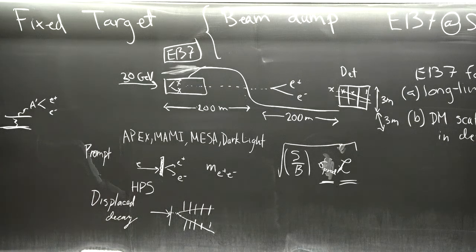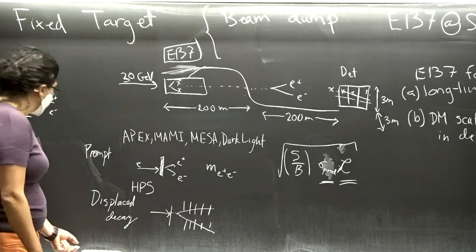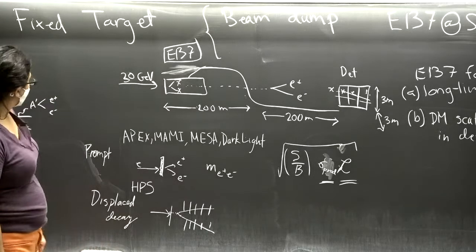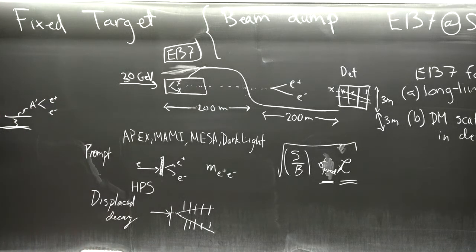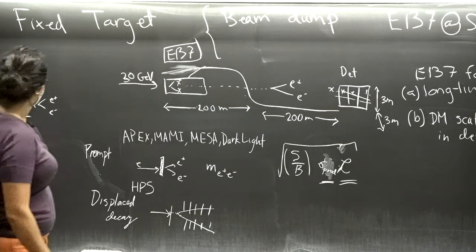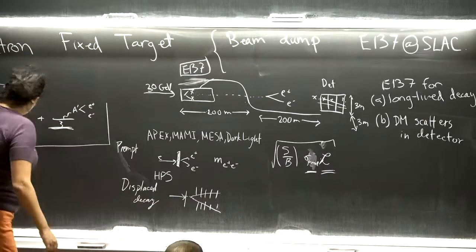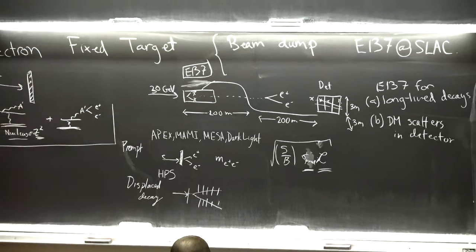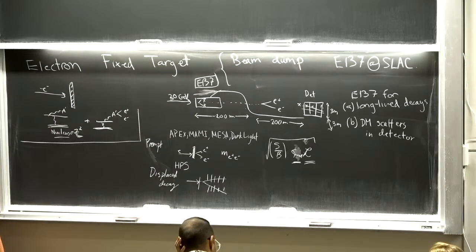I think I want to save the thin targets for dark matter for a little later because that's a longer explanation. So I need to switch boards to go over the production physics. Well, any more questions about the sort of high level of the experiments before I move on to production physics?